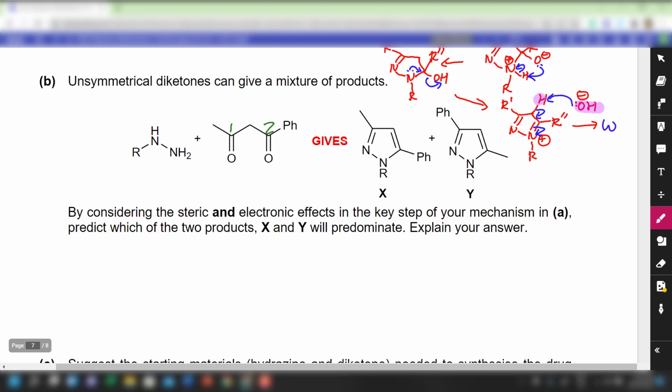In order to get Y, the nitrogen with the lone pair of electrons on hydrazine will attack carbonyl carbon number 2 first. So for this particular question, we were asked to consider both steric and electronic effects.